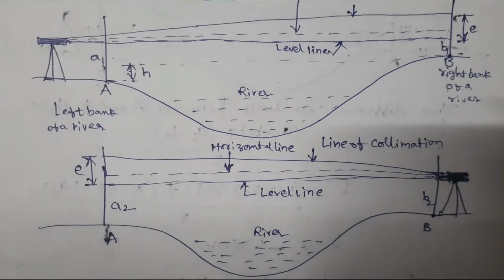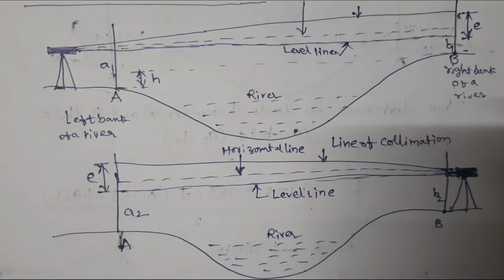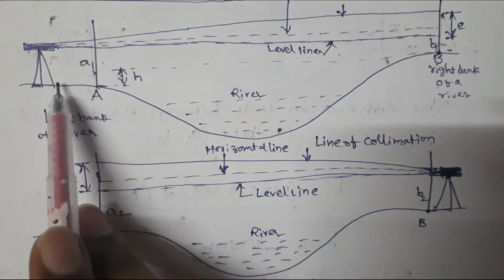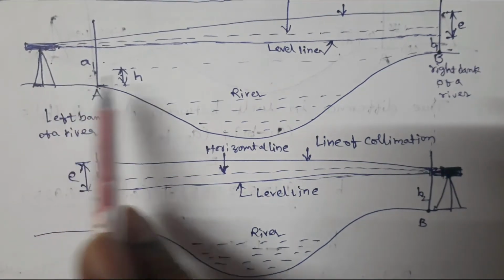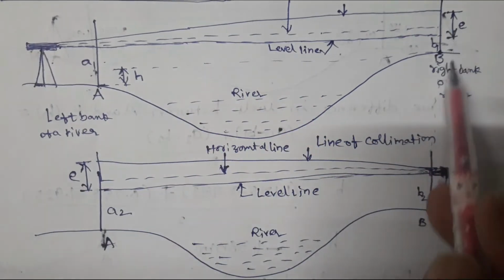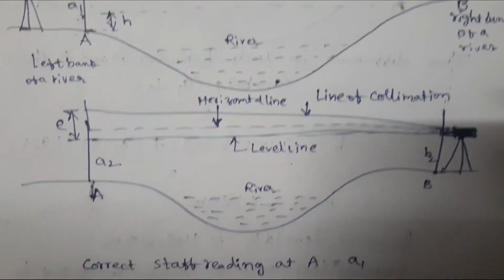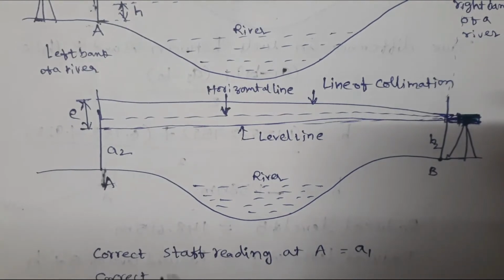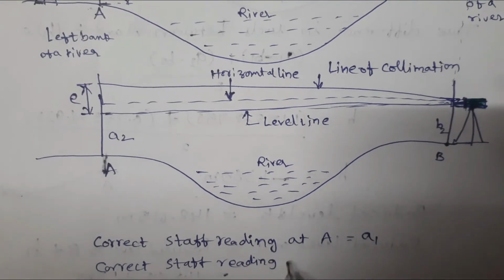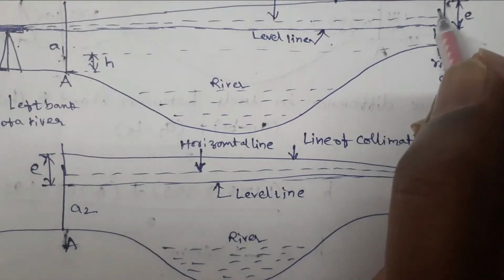Now, the correct staff reading at A is A1 when the instrument is near to A, and the correct staff reading at B is equal to B1 minus E. This is B1.